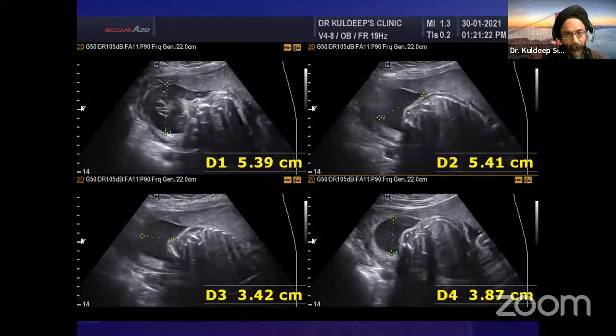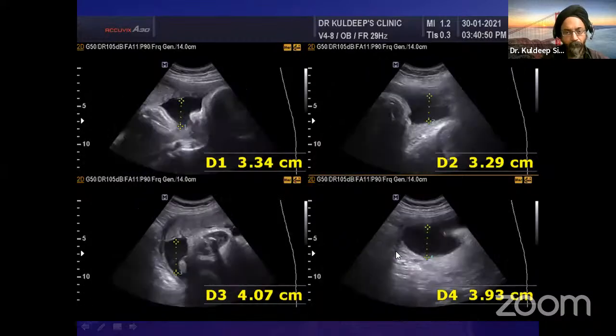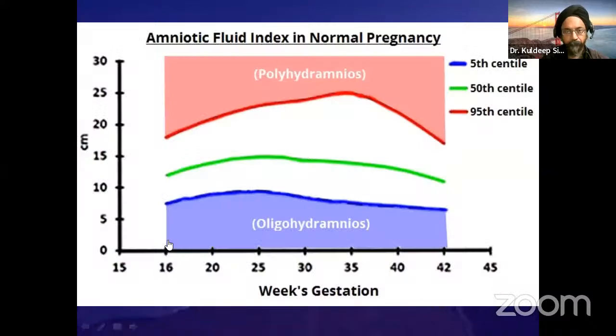Then when you're measuring it, be careful. Do not include the umbilical cord. Do not measure it obliquely. Do not measure it horizontally. It has to be a vertical measurement, and it has to be all the 4 pockets, and you get the amniotic fluid index. There are various portions over there where you're looking at various charts.